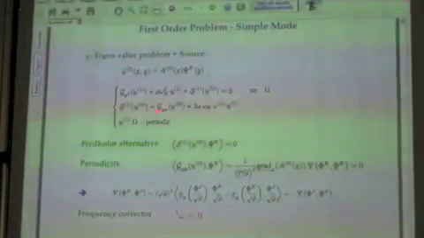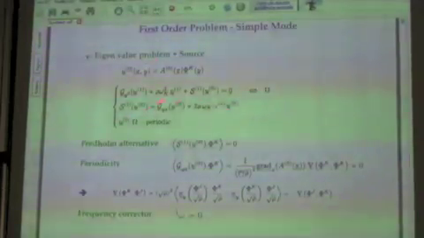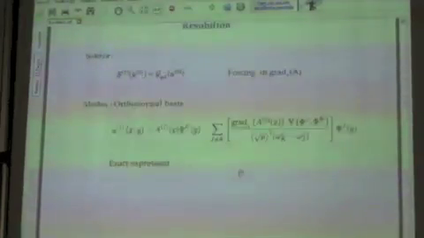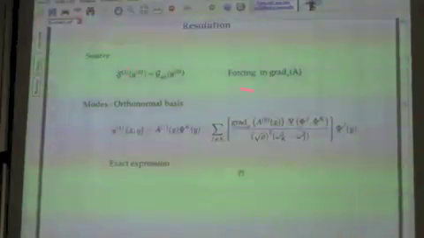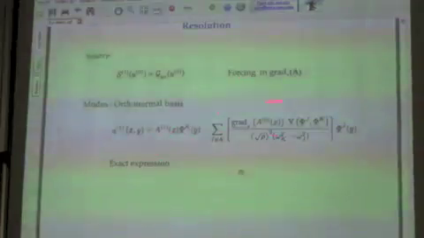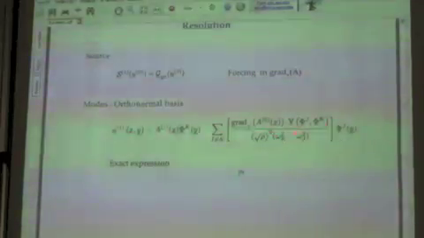So this means that at the leading order, this term disappears and you just have this one. And this means that the source is given here. It's proportional to the gradient of the amplitude of the modes. So we can solve this problem exactly using the modes as orthogonal basis. So we have the exact solution at the local scale.